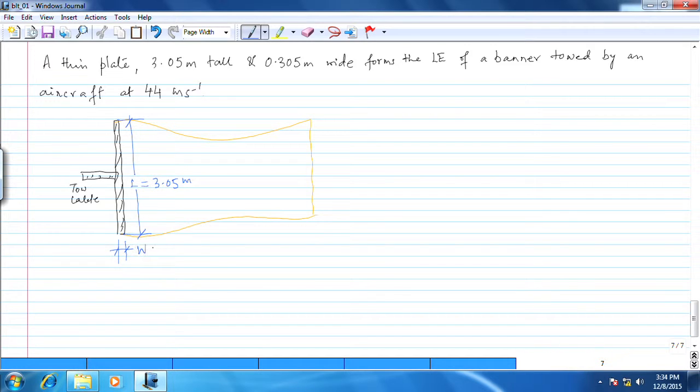So this is the width, which is 0.305 meters. Okay, this is what we have. This part is the tow cable. This is the tow cable. Okay, and you have a free stream at 44 meters per second, which comes in, right?